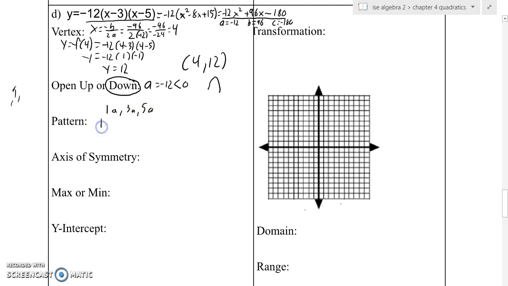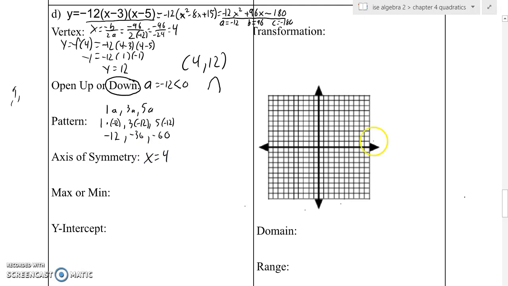So 1 times negative 12, 3 times negative 12, and 5 times negative 12. So our pattern is negative 12, negative 36, negative 60. Woo! Our axis of symmetry is x equals 4, the vertical line through the vertex.